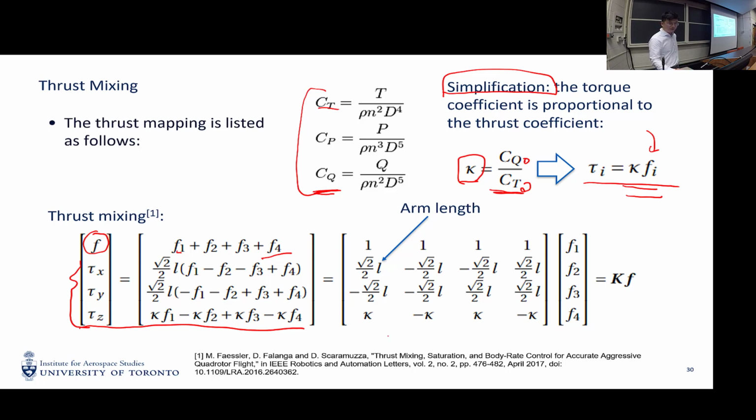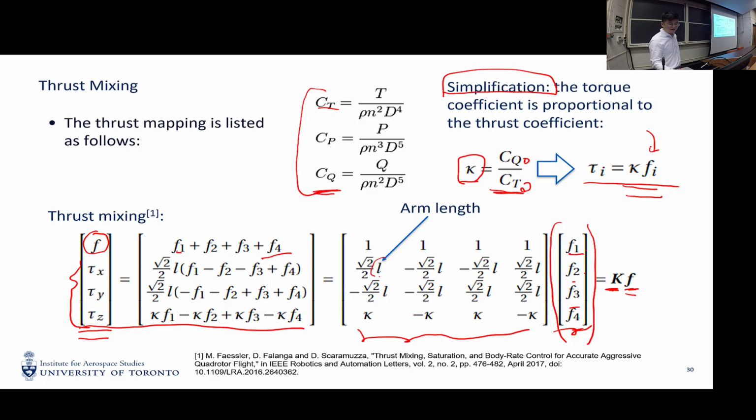If we write it as a linear relationship, it's basically a linear matrix times F, where F is the vector consisting of the four lifts. Then we can see that we have a linear relationship between our target force and each individual force on the rotors.